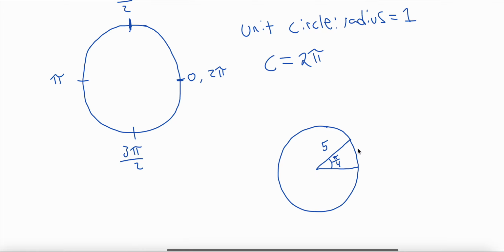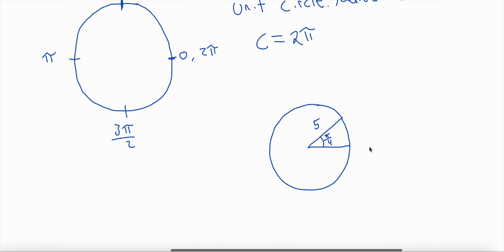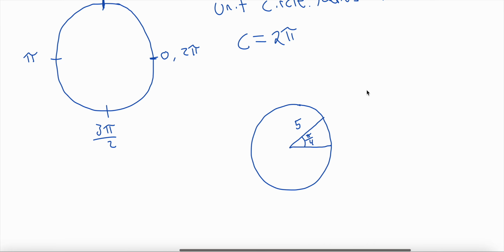And we want to find the length of this arc right here. Well, because we're using radians, all we would need to do to find the length of that arc is, arc length equals radius times theta. And theta just means the angle measure. In this case, our angle measure is pi over 4 and our radius is 5. So the arc length is 5 pi over 4.